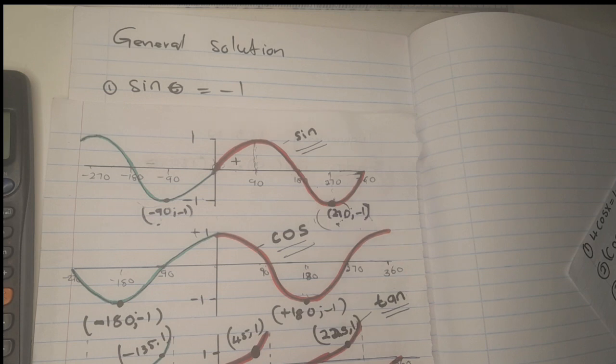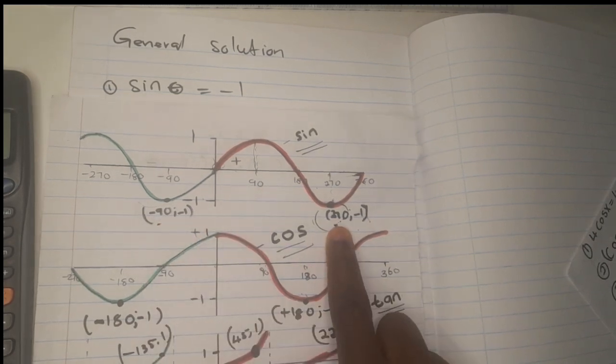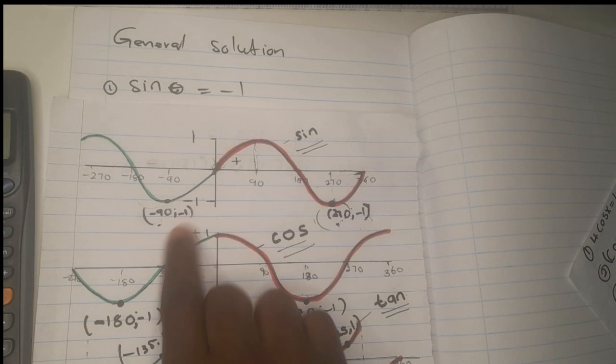So the main idea of general solution is that I need to write a statement that tells me that this is -90, this is 270, all of them are going to be correct. My statement needs to generalize all the answers that I'm going to get when it's -1.